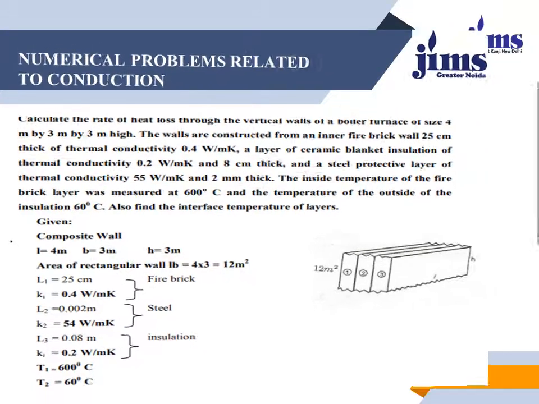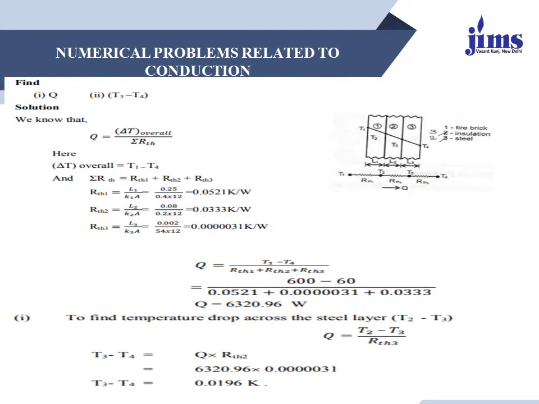So let us start. In this diagram it is shown that these walls are connected in a series pattern. Therefore the resistances of the walls are R1, R2, R3. R1 stands for plane wall 1, R2 for plane wall 2, and R3 for plane wall 3, where 1, 2 and 3 represent fire brick, insulation and steel.